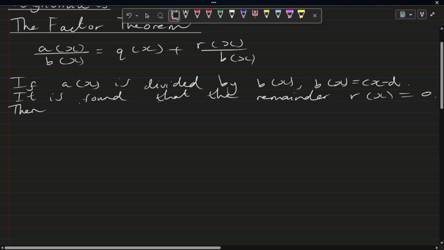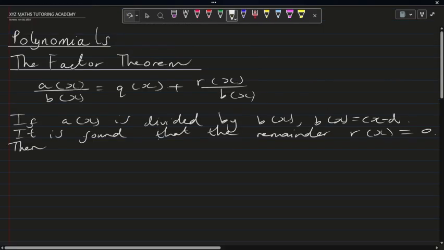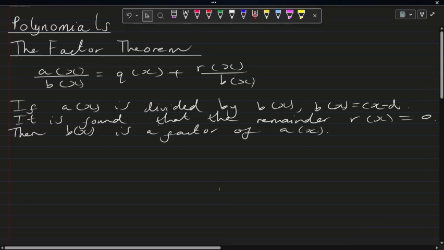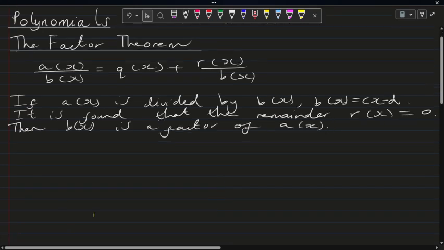Okay, so we say that b of x is a factor of a of x if this is the case.